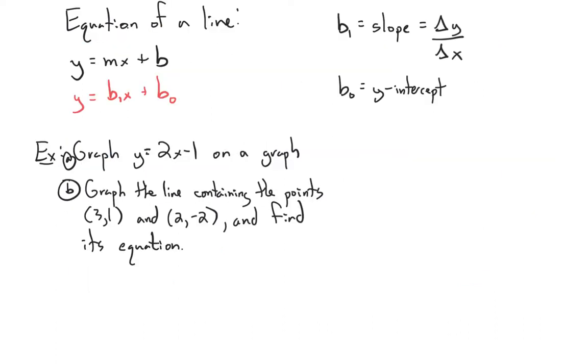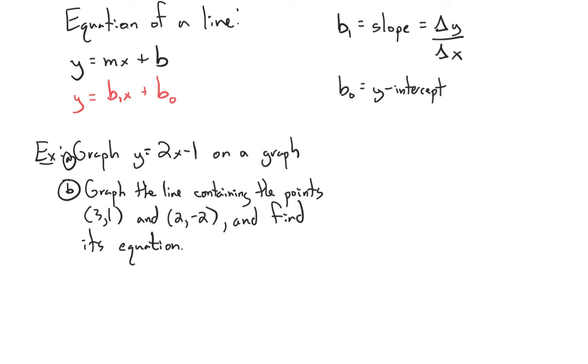Okay, a quick review of straight lines. Remember, a straight line has an equation y equals mx plus b, where m is your slope and b is your y-intercept. But just for this course, and in statistics in general, when we're talking about lines in this context, we usually use b1 for the slope and b0 for the y-intercept.